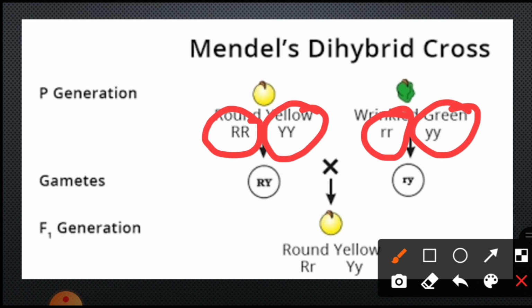Mendel crossed yellow and round seeded plants with green and wrinkled seeded plants. All the plants in the F1 generation had yellow and round seeds.